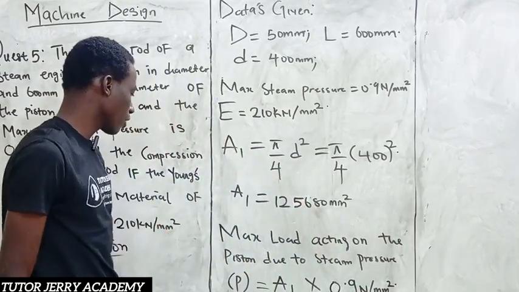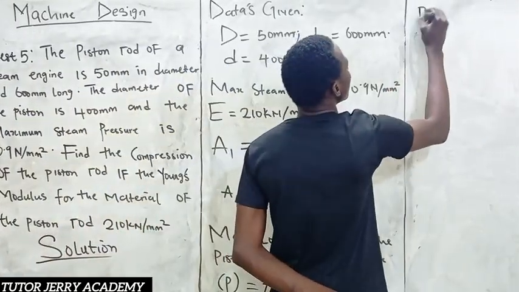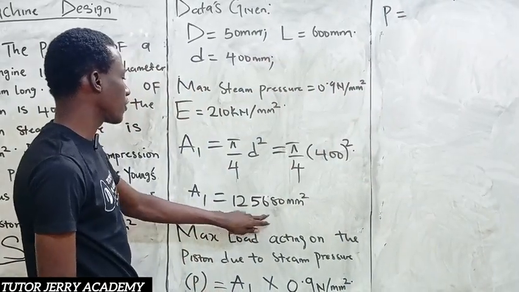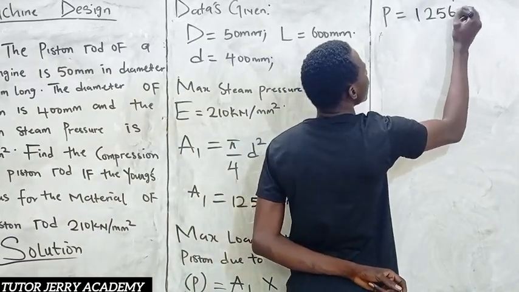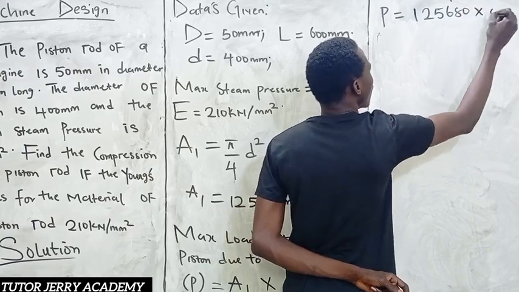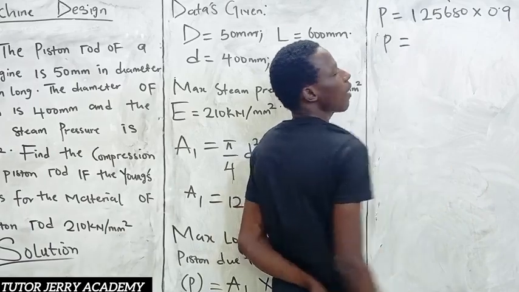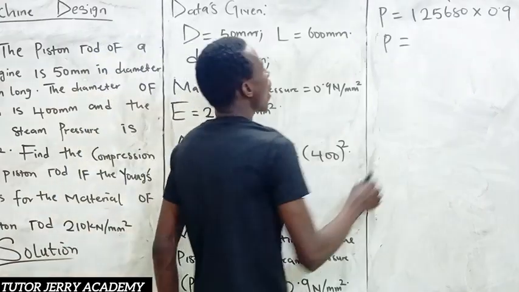So now let's solve this. To get our load, P will be equal to our area, which is 125680, multiplied by 0.9. So what will be our load? Of course, our load will be 113110.